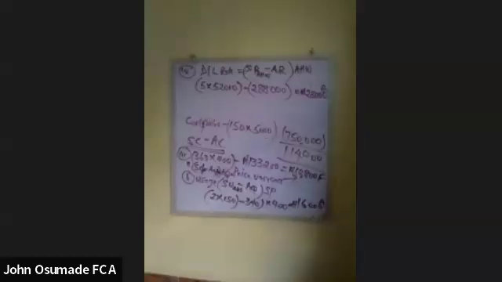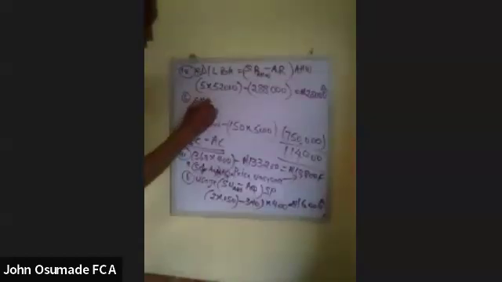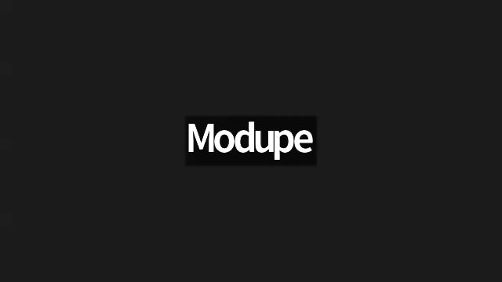That is the difference between actual hour worked and the budgeted. And this is B. We have C, standard hour minus actual hour.